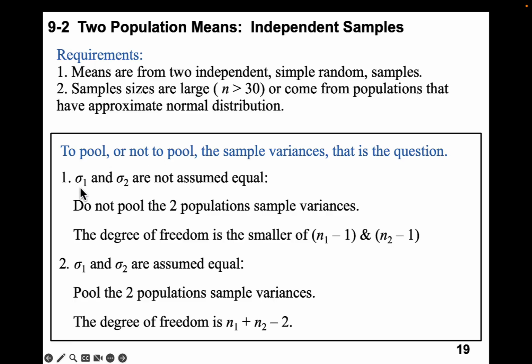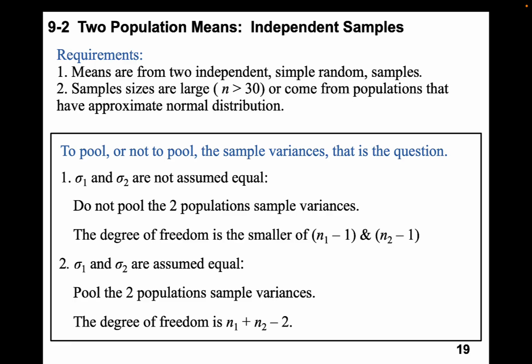Number 1, if sigma sub 1, the population standard deviation from population 1, and sigma sub 2, population number 2 standard deviation, are not assumed equal, then we do not pool the two population sample variances. And it will say clearly in the question, do not assume that these are equal. And that's your cue to go, okay, so I do not pool the sample variances.